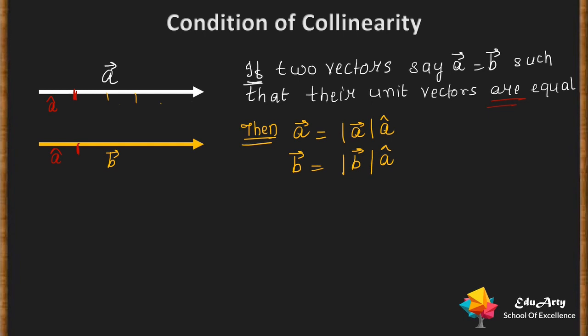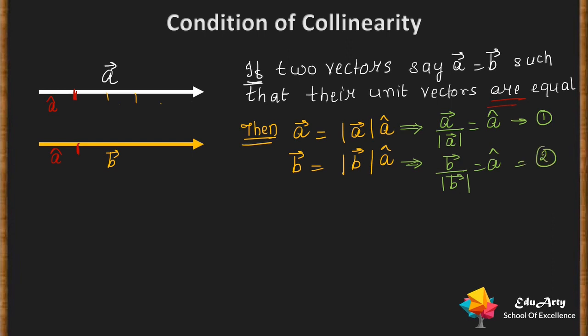If we carry this further, A vector by magnitude of A vector gives us a cap. Let's say this is statement 1. And B vector by magnitude of B vector gives us a cap. So this is statement 2.